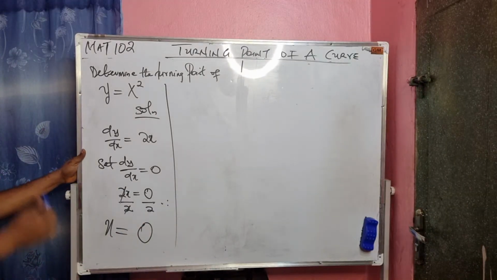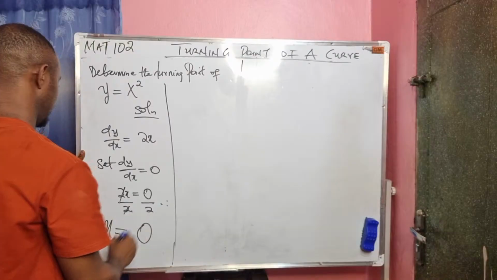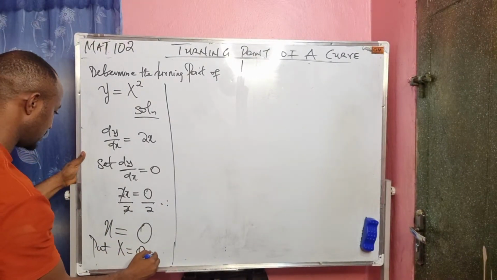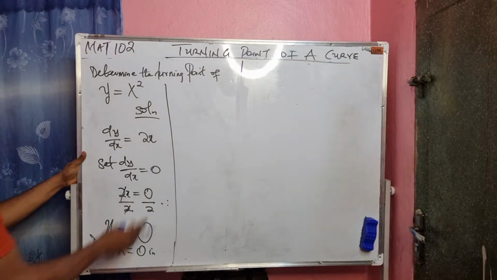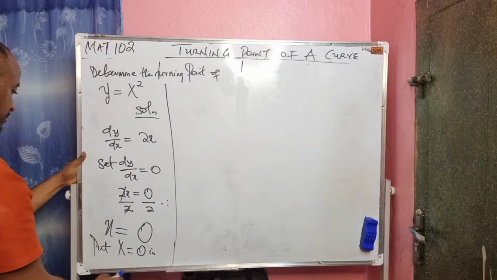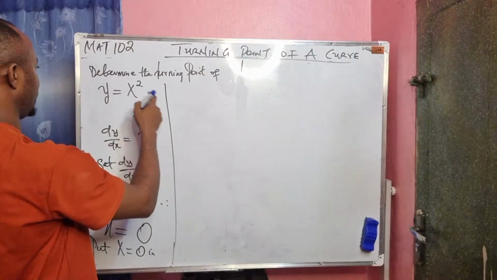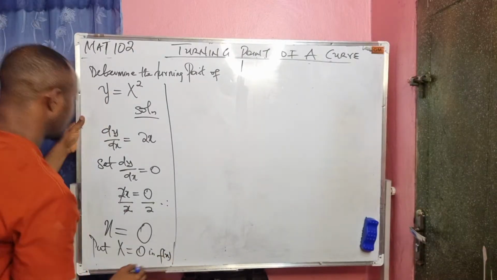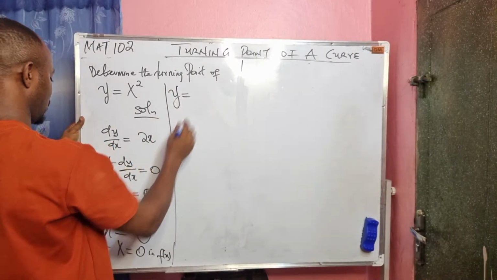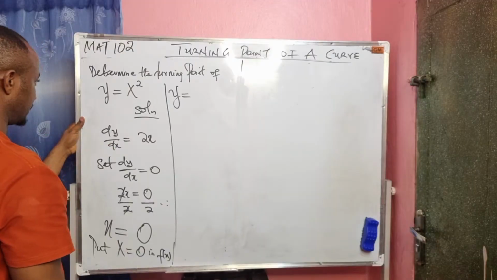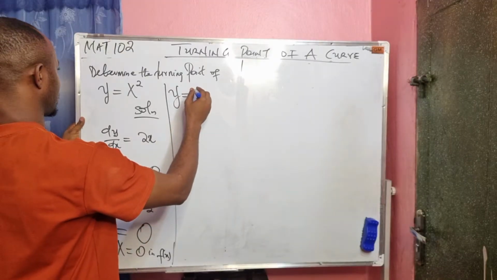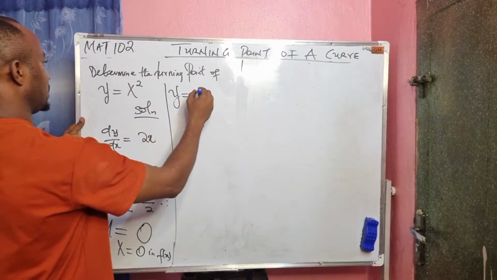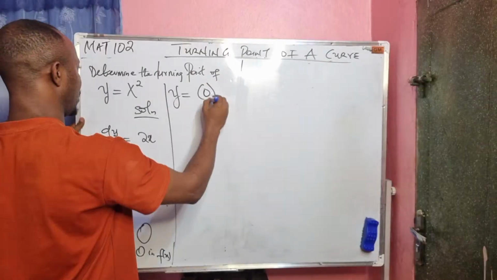So what we do here is put back x equals 0 in the equation, in f of x. That will give us y equals, let's check this out, 0 all squared, right?